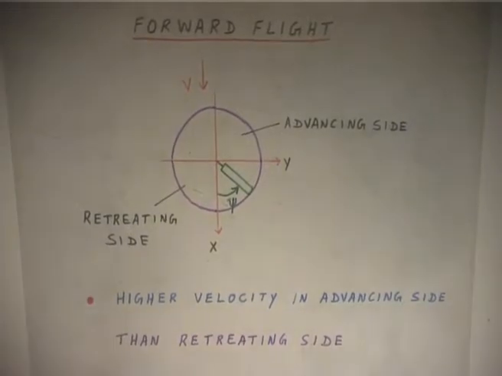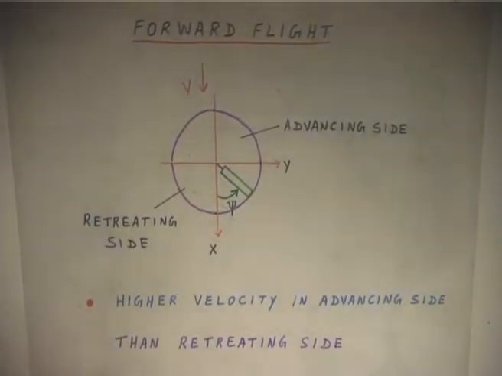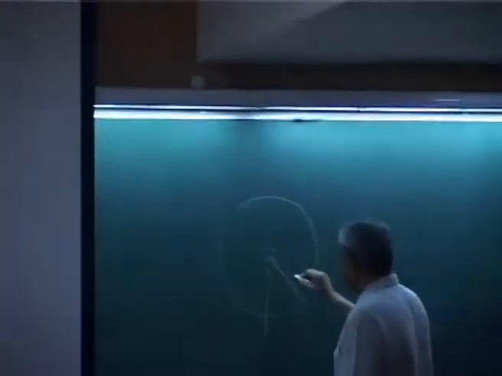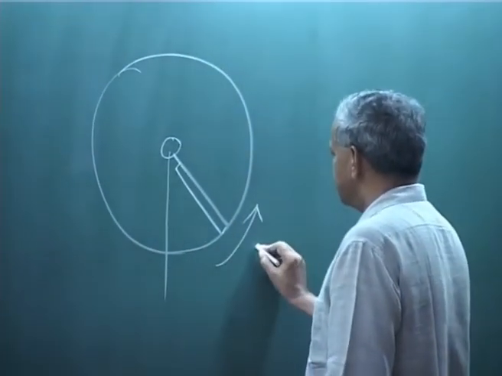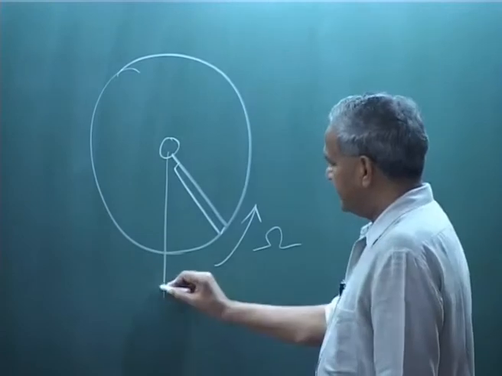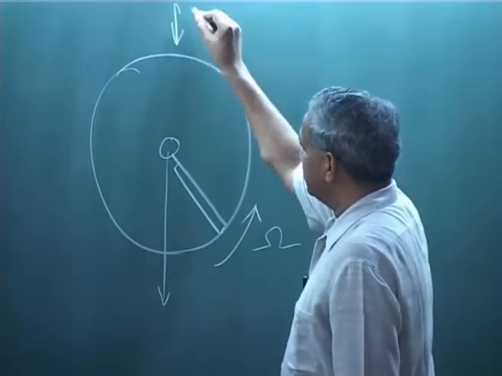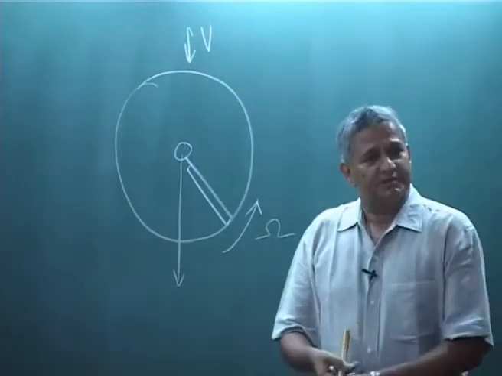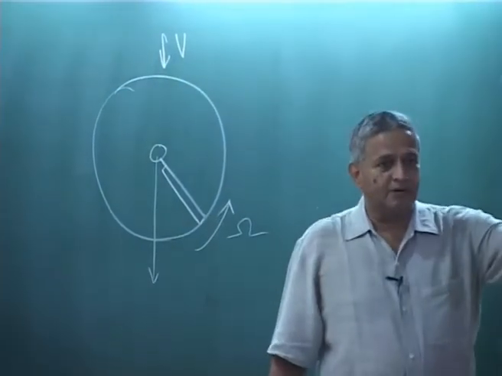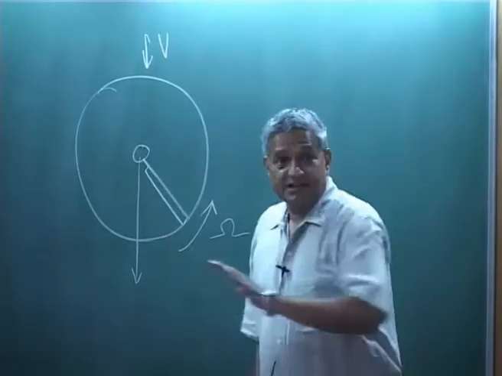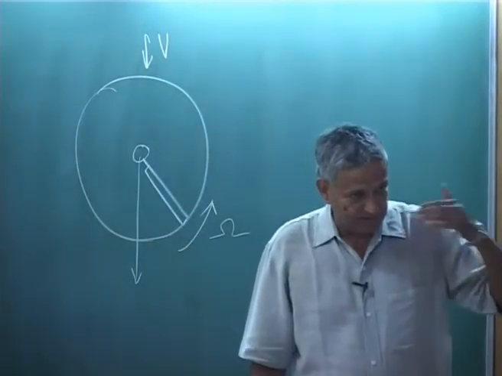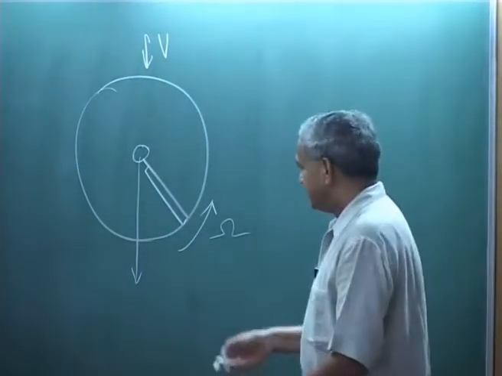So, if you look at just a simple expression for the velocity, this is omega and this is my oncoming velocity, that means the helicopter forward flight, and please remember this is on the rotor disc. So, slowly you will add more and more complications.